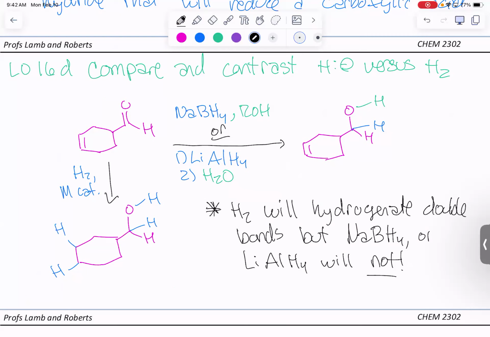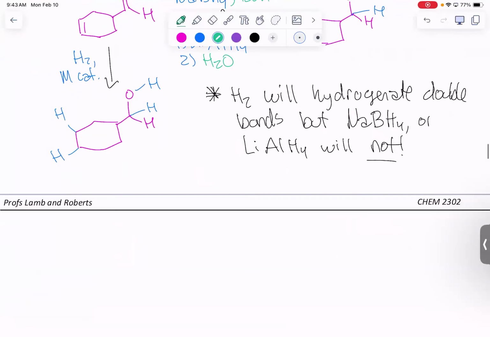All right. So why is this? Another thing that we should think about is what we already talked about before, how these reagents are all slightly different from each other. So this is the compare and contrast between lithium aluminum hydride and sodium borohydride versus H2. So let's also have a learning objective about one of the reasons why this is.